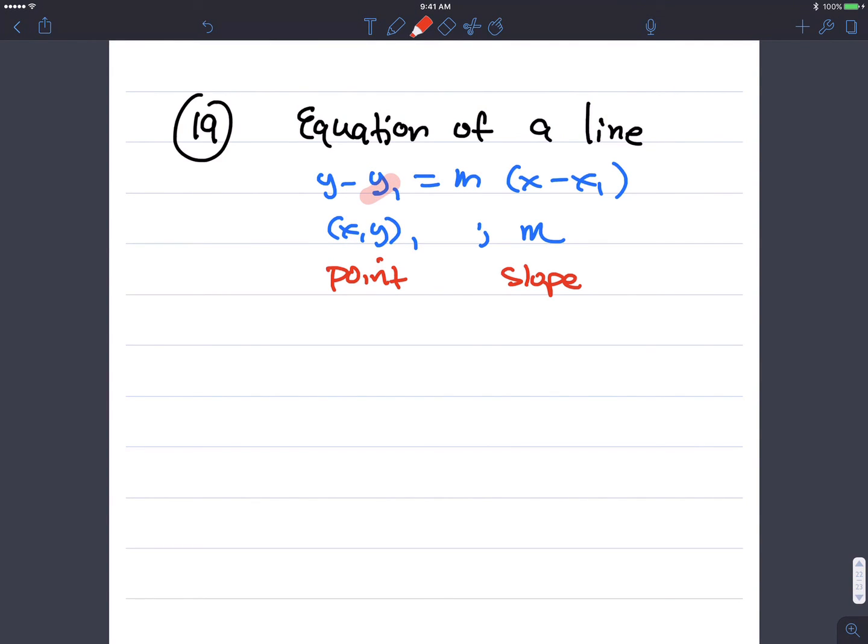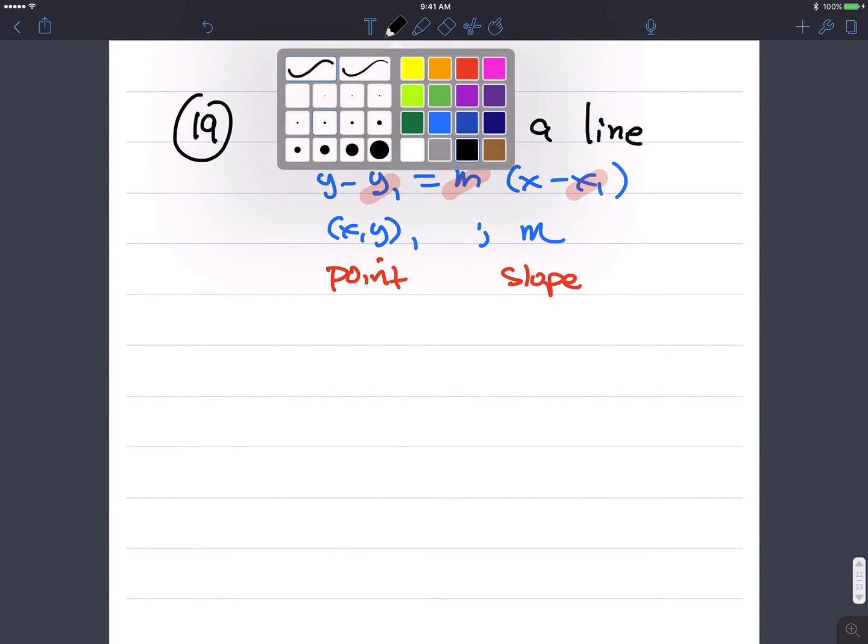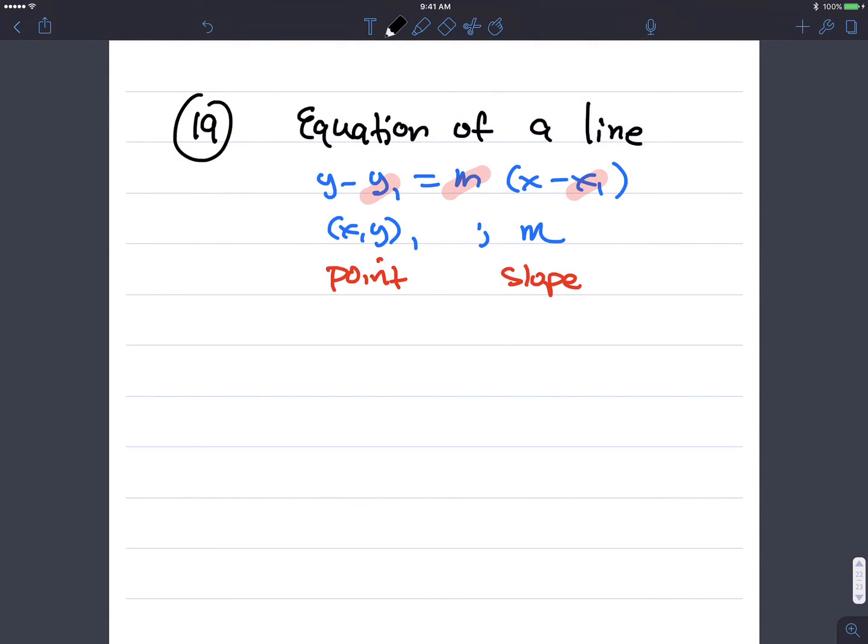Here's my y-coordinate and x-coordinate for my point. Here's my slope. So in number 19, here's what they say to us. They want an equation of a line that passes through the point negative 3, comma 2. And that line is parallel to the equation 3x minus 4y is negative 12.